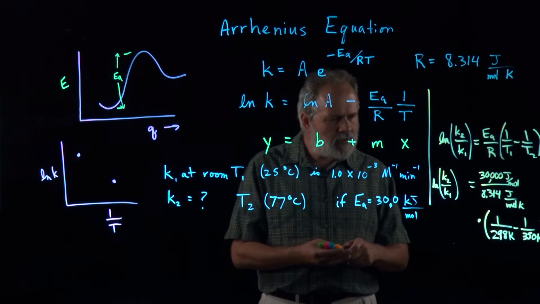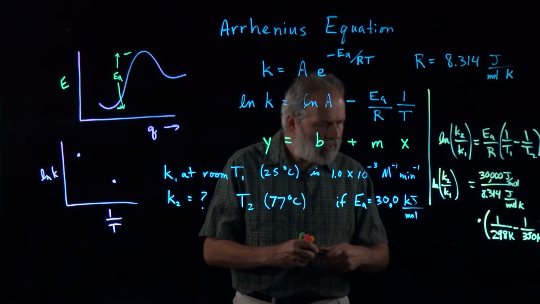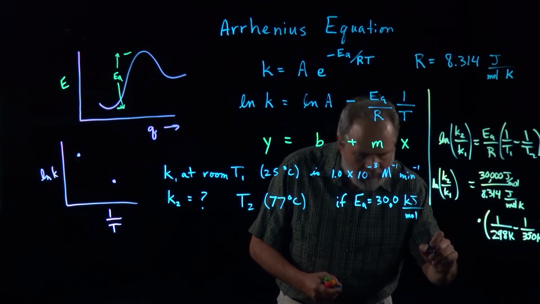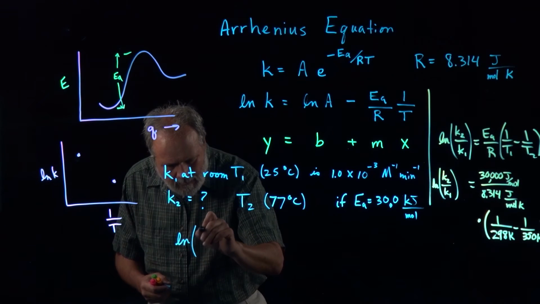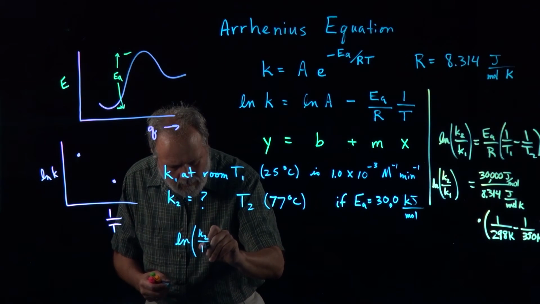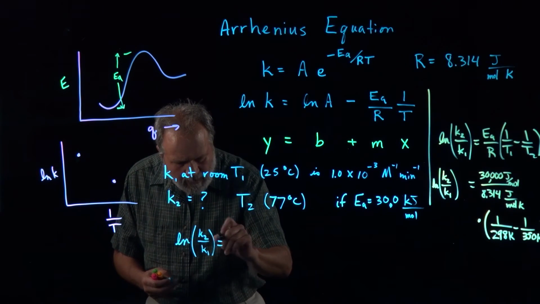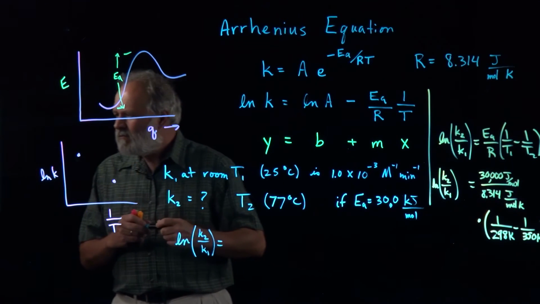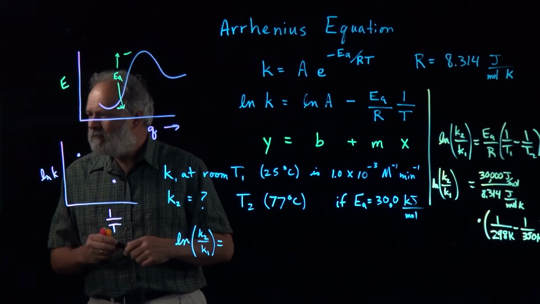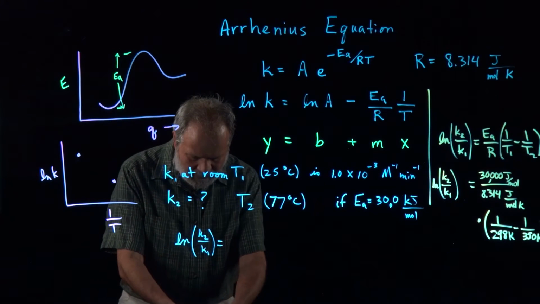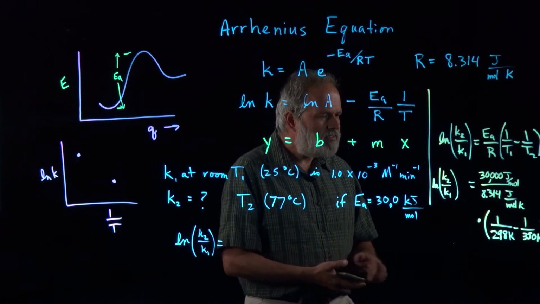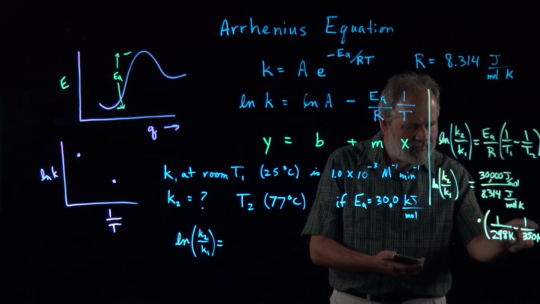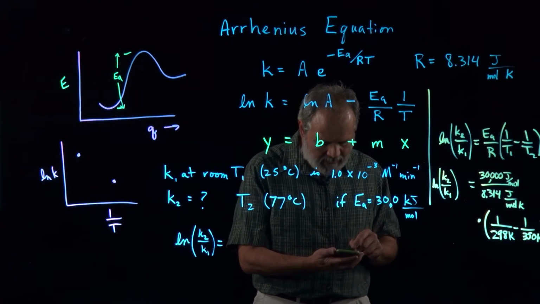Okay, so when you do all this, the natural log of K2 over K1 equals, well, I don't know that number. Let's find that number. I would suggest getting this parenthesis quantity first.